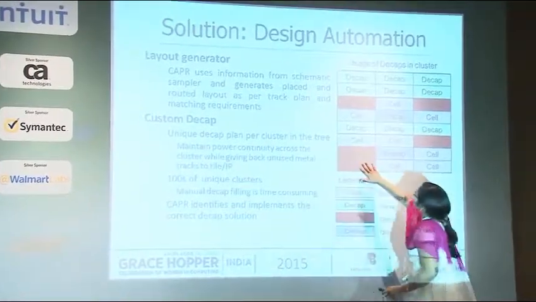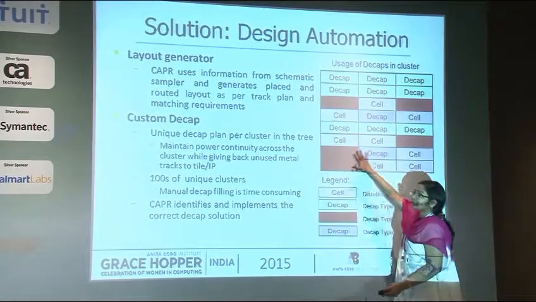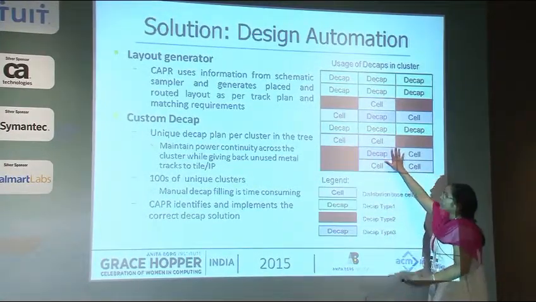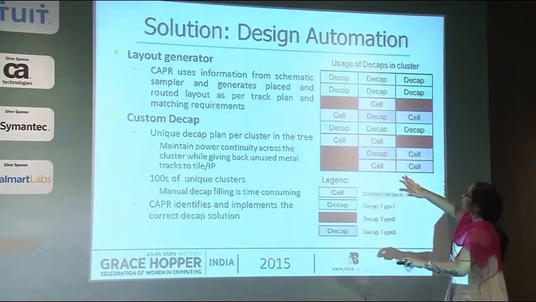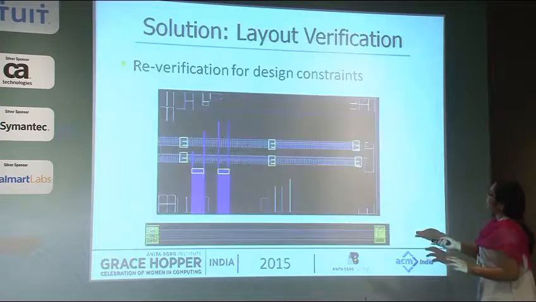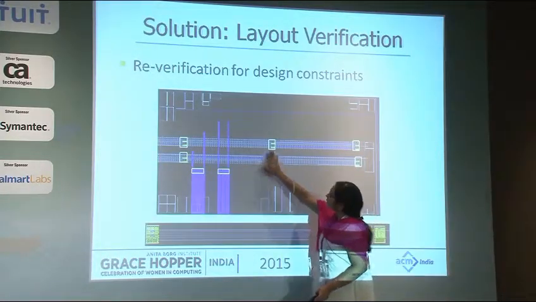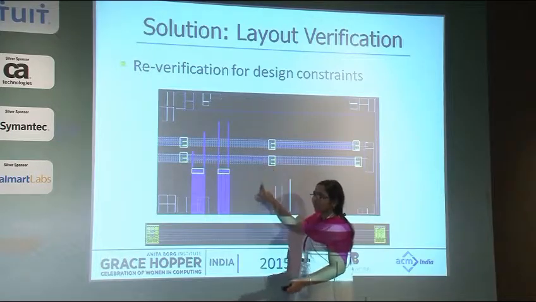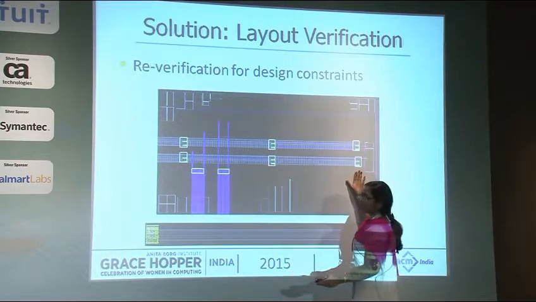This is the one cluster which gives the power continuity in this cell, not across. If I go to the next slide, you see there is individual sitting. I see this as a tile in the chip, having one power domain, and this is having another power domain.